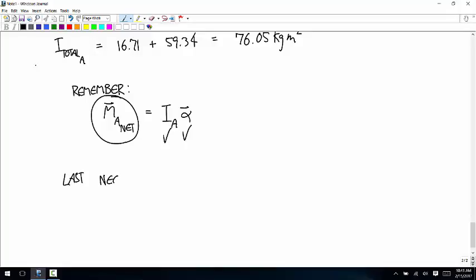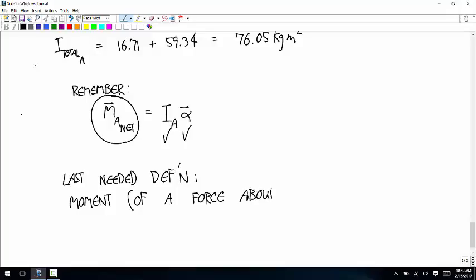So the last needed definition is the moment. And people just call it the moment because it's shorter to say, but it's really the moment of a force about a point.